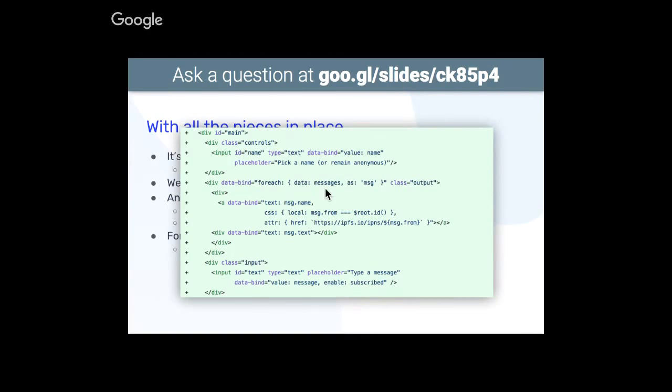And then finally, as our messages array builds up, we're going to go through for each message in there. So here we say for each message in messages as message, which is a nice syntax to make it a little bit easier to reference.